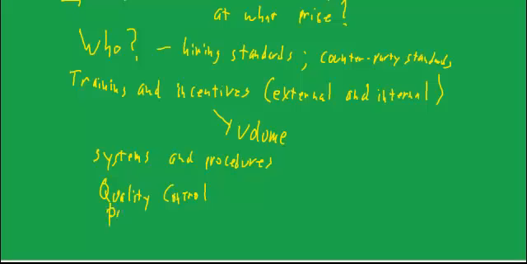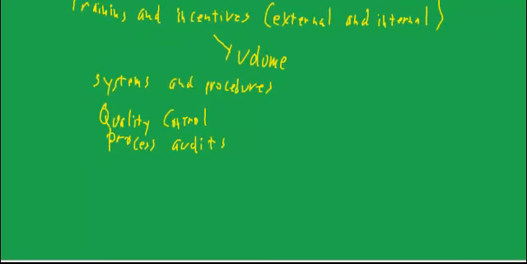Then another method of quality control is what I call a process audit. So you look not just at the results of a process, but you look at the process itself to see where the holes are. So you could do a process audit of another company.